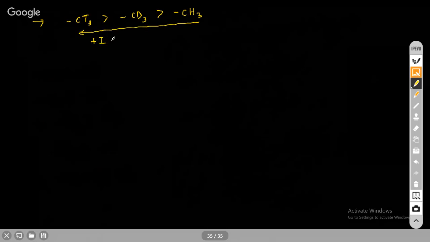This is the plus I nature I am talking about. Bond length order, if you have to write it down, it is reverse. CT, this is the bond length order. Because of bond length only, the tendency to release electron order is this.